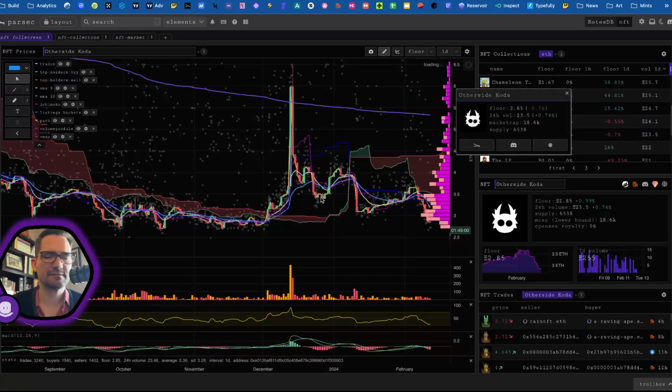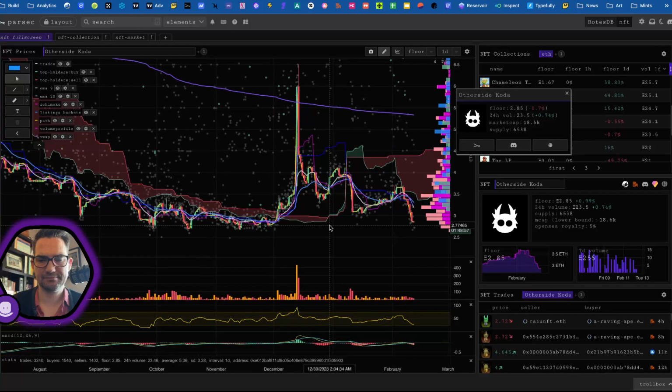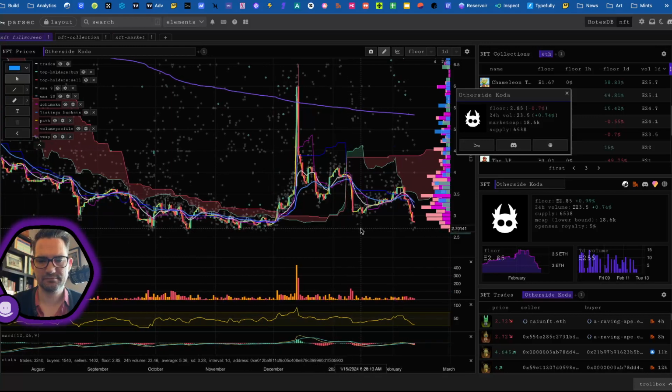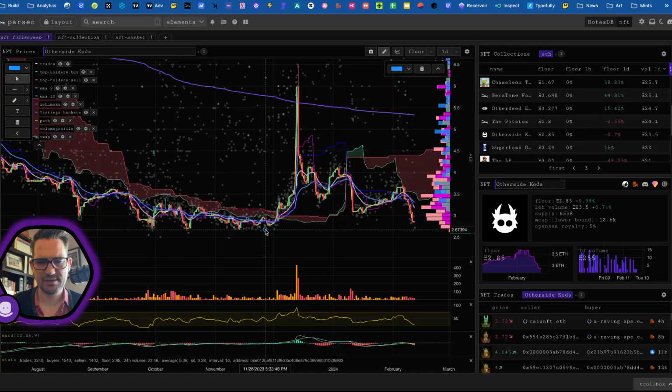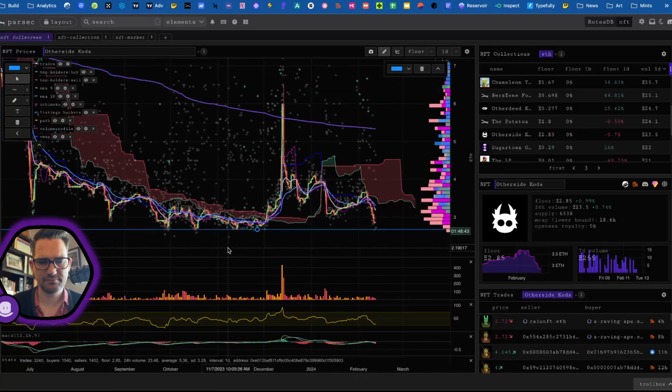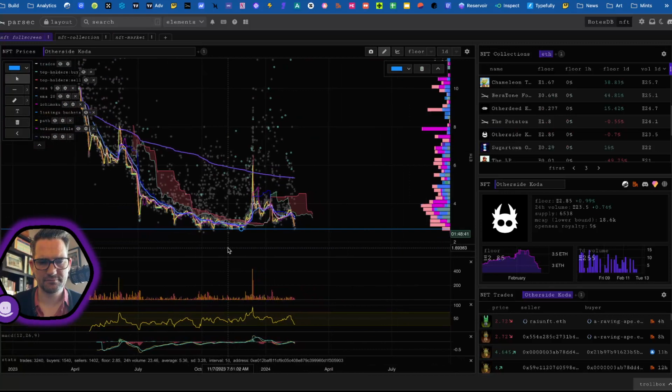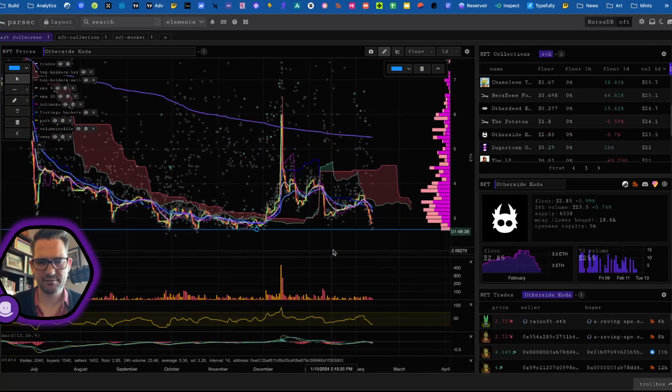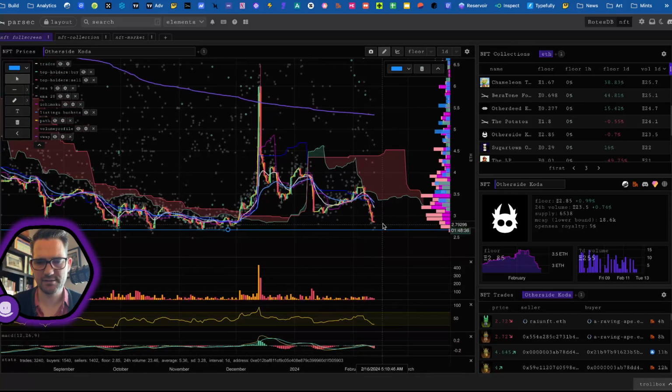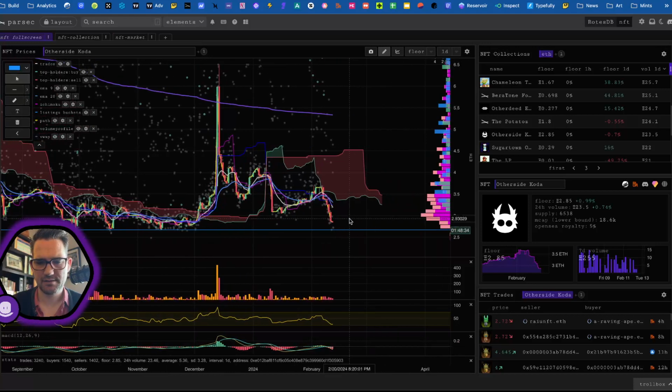Other side codas. They're near all-time lows here. 2.7. Pretty rough decline here over the last few days. A bit of a rally from 3 up to 3.6, and then they've been down, down, down.